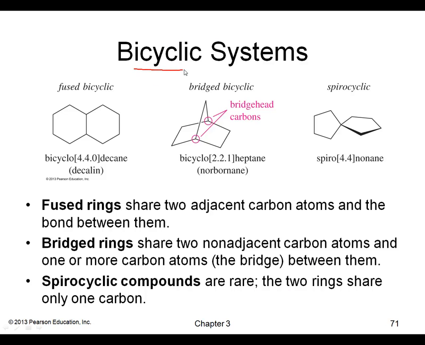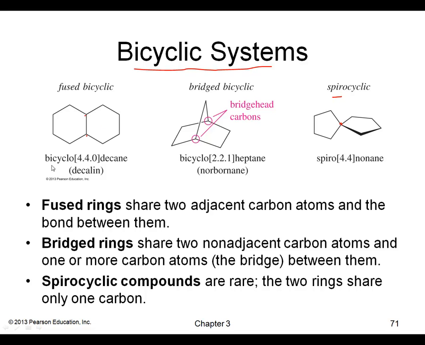Here are some bicyclic molecules where I have two rings fused to each other. Okay, and so we can have bicyclics. We can also have the spiro compounds where they're joined at one carbon. Okay, the bicyclics are joined at two carbons. Okay, so remember how we named those.